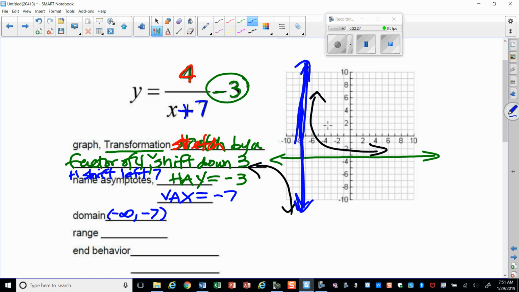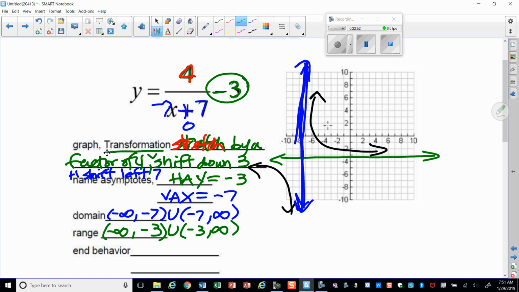So that is out, because if I have a -7, that makes my denominator 0. Then I pick up again at -7 and go to positive infinity. And for the range, I'm going to start at -infinity, and then it goes nuts at -3, and then picks up again at -3 and goes to positive infinity.